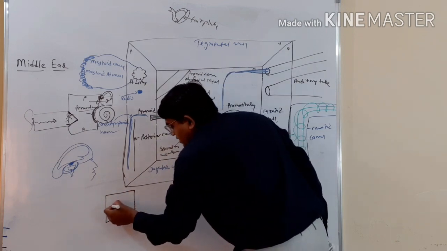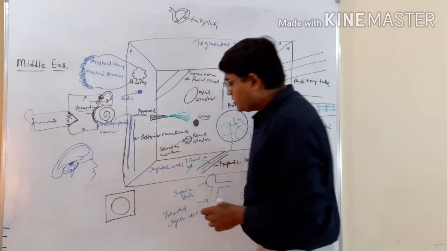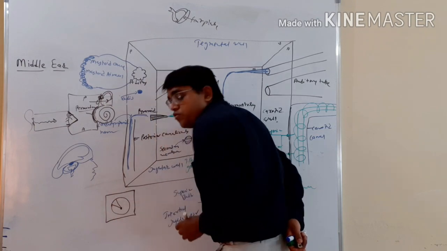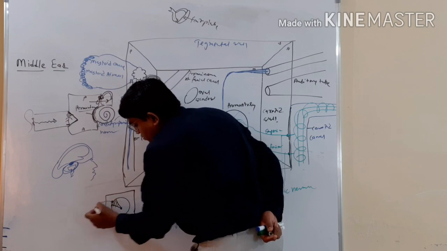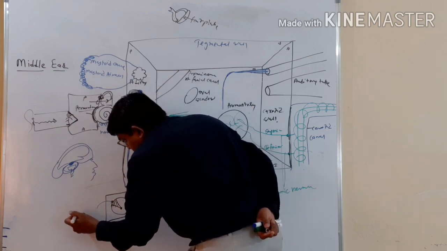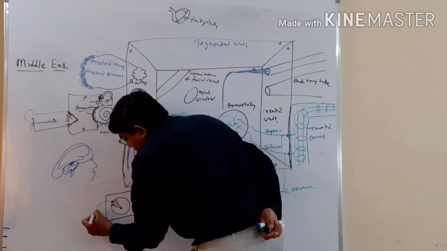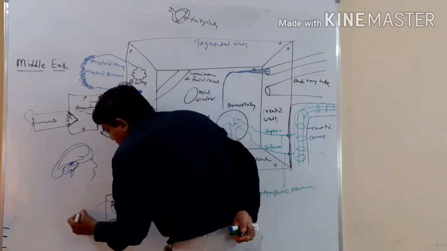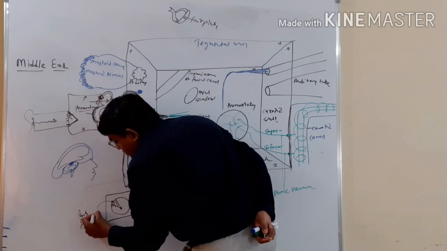Okay, in the central part there is the tympanic membrane, and on this tympanic membrane there is the presence of the malleolar folds, and the part in between these malleolar folds is known as the pars flaccida, and the rest of the area is known as the pars tensa.